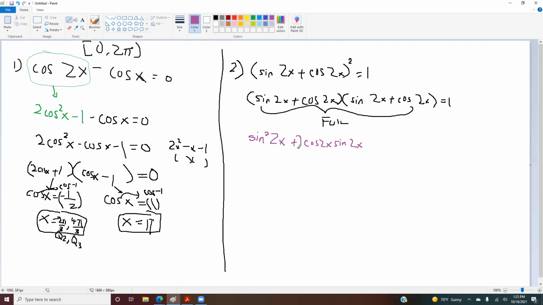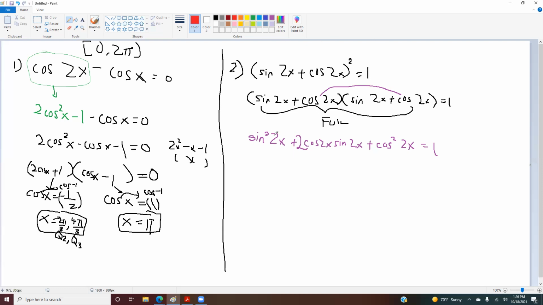That means after it's that, 2 of them. And then what's the last one? Cosine squared 2x. And this all equals 1.